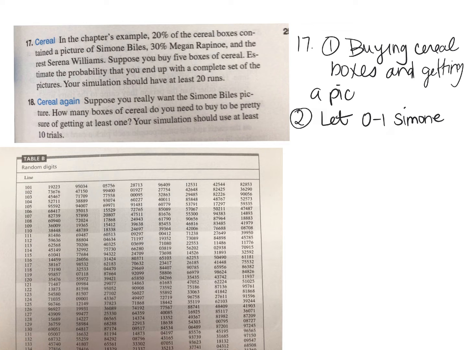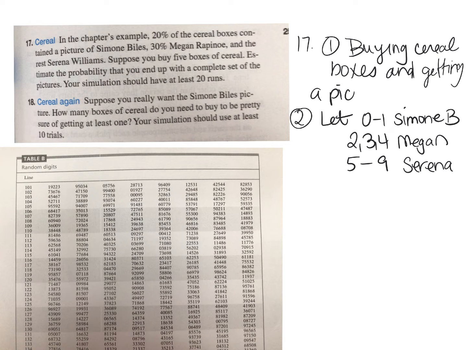And then 30% is how many numbers? 3 numbers. So you need to go 2, 3, and 4, right? I can't reuse 0 and 1. Those represent getting a Simone Biles card. So then 2, 3, and 4 represent Megan. And the rest, which would be 5 numbers, the other 50%, so 5 through 9 are Serena.